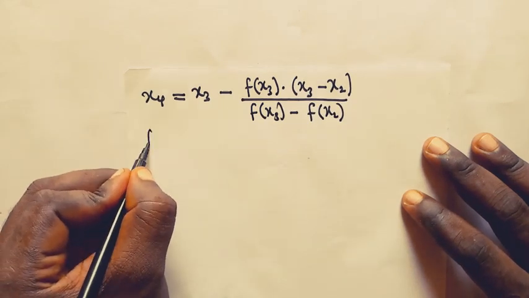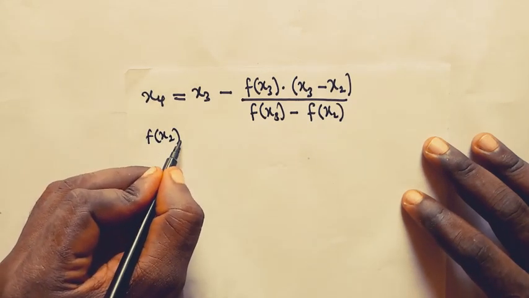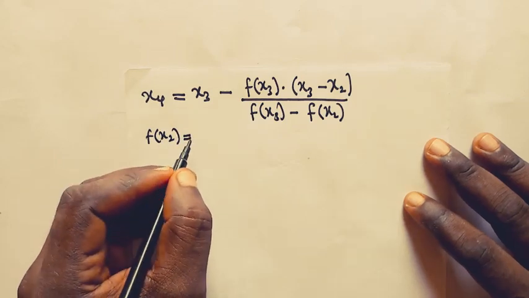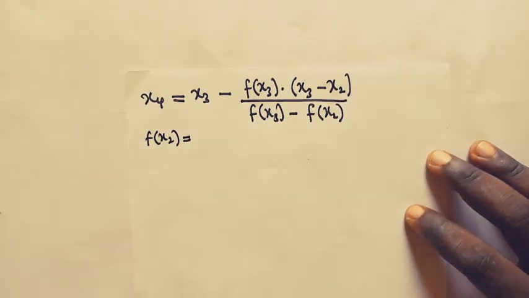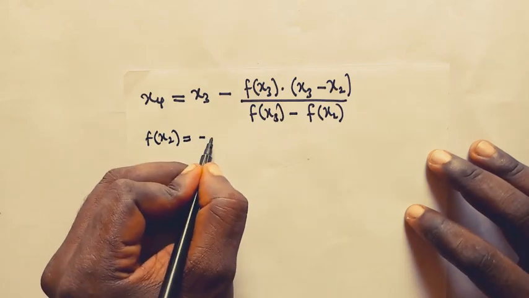Remember, f of x2 is equal to 0 minus 0.375.